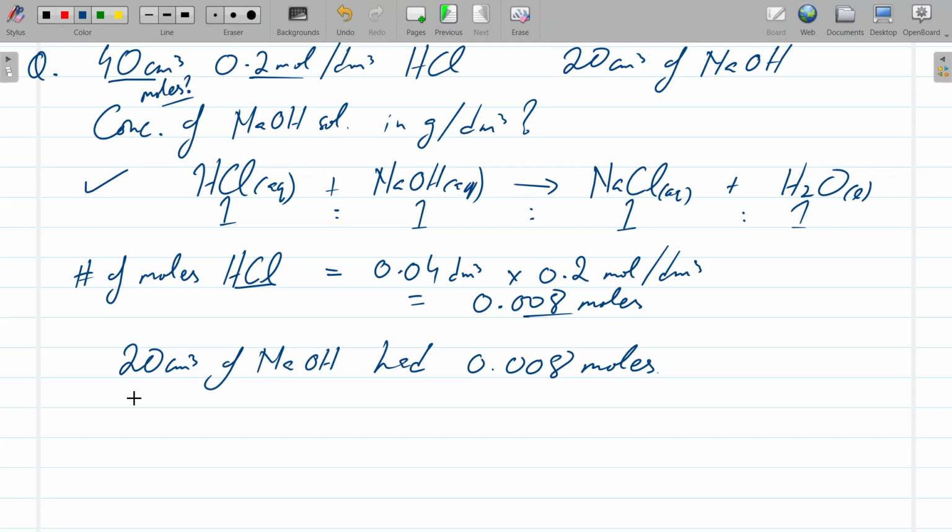Right, first of all, we find out the concentration. So what was the concentration of the sodium hydroxide solution that we used? That would be the number of moles divided by the volume.